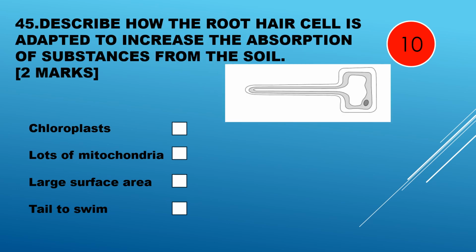Question 45. Describe how the root hair cell is adapted to increase absorption of substances from the soil. Does it have chloroplasts, lots of mitochondria, large surface area, a tail to swim? It has lots of mitochondria and a large surface area.